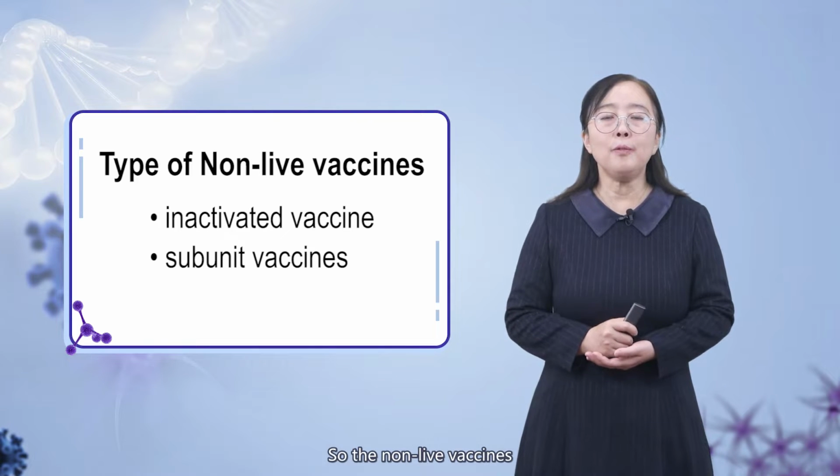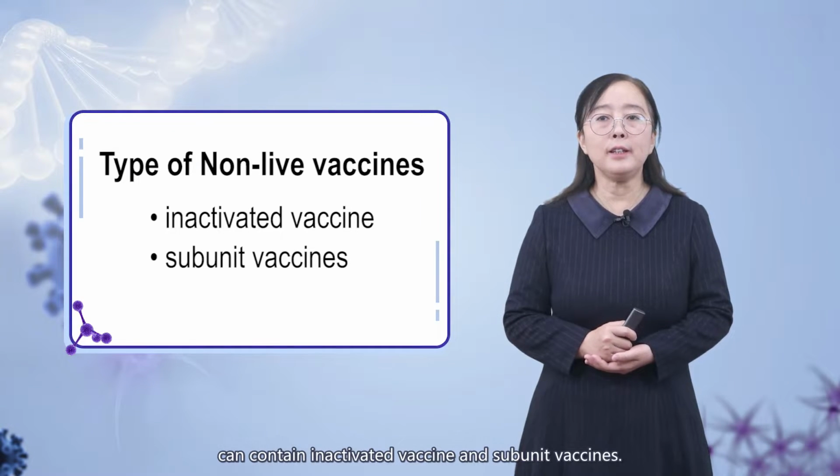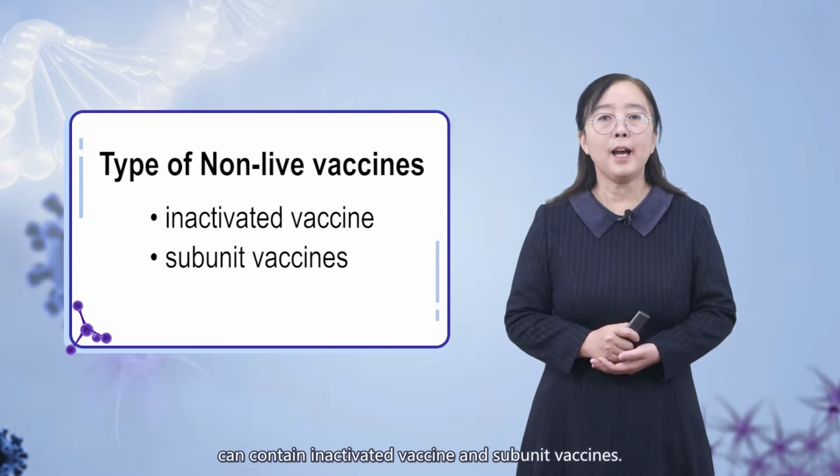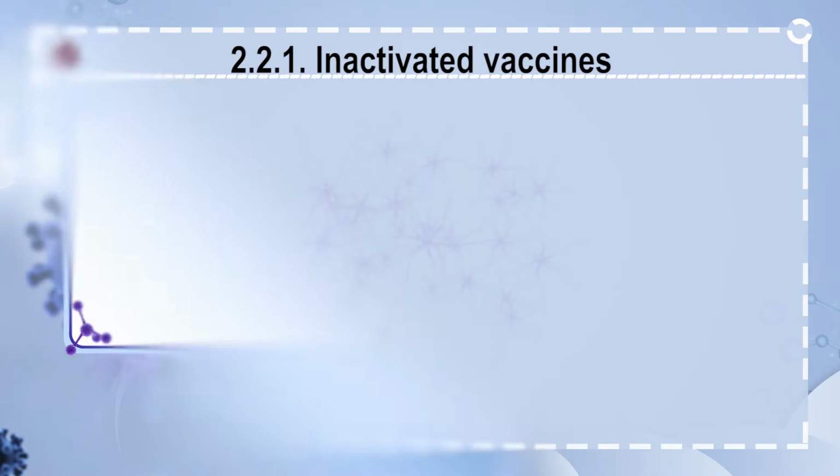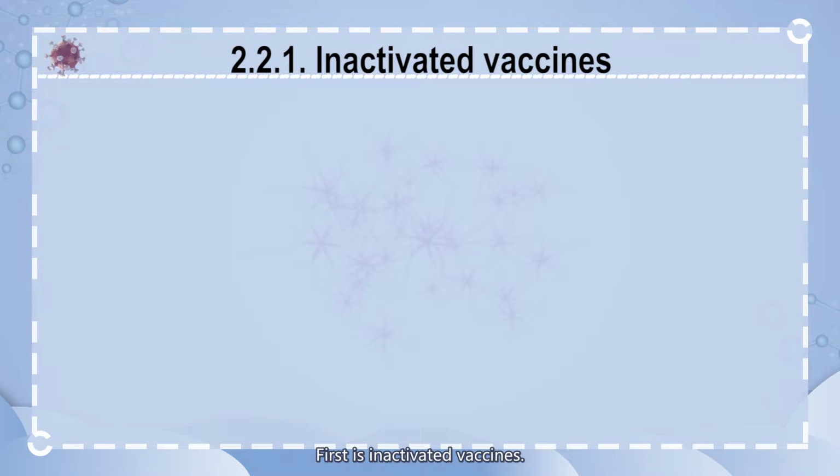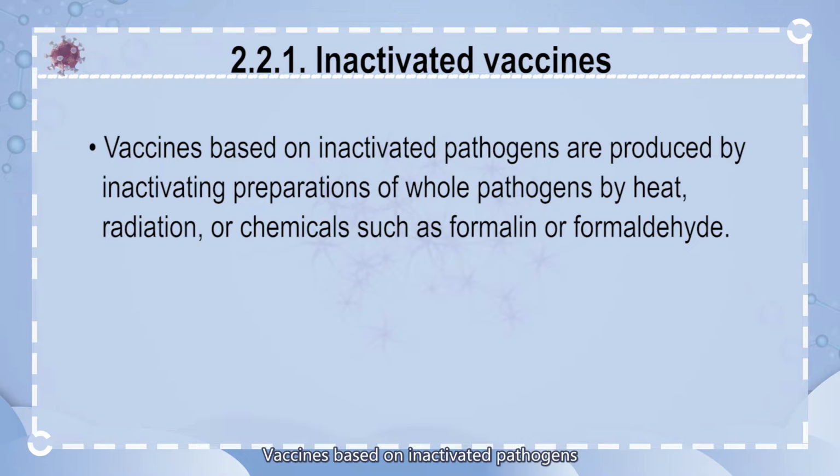So the non-live vaccines include inactivated vaccines and subunit vaccines. First are the inactivated vaccines. Vaccines based on inactivated pathogens are produced by inactivating preparations of whole pathogens by heat, radiation, or chemicals such as formalin or formaldehyde.